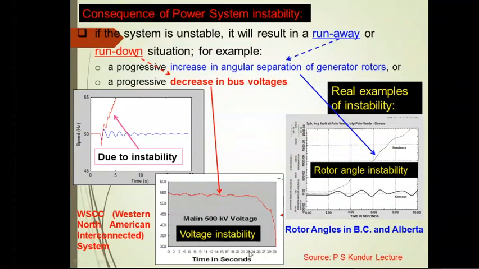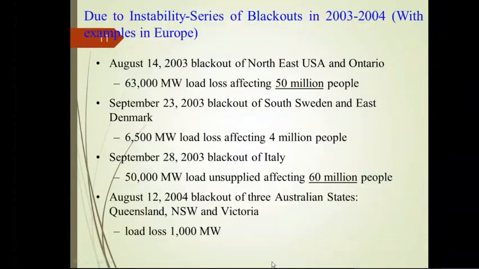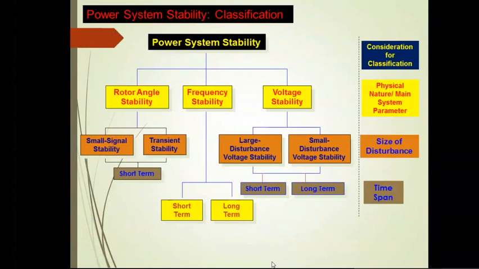Similarly, on this side, for the case of voltage instability, you can find that from 6 to 7 seconds there is a drop in the voltage. And thus, it is important what the time span, what the duration for stability analysis should be.